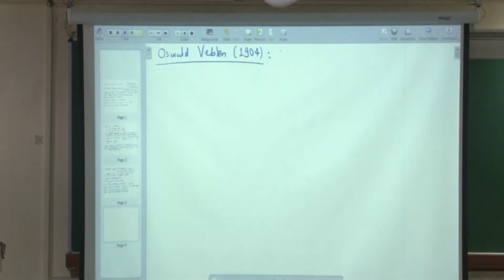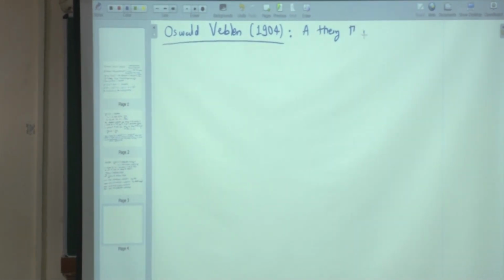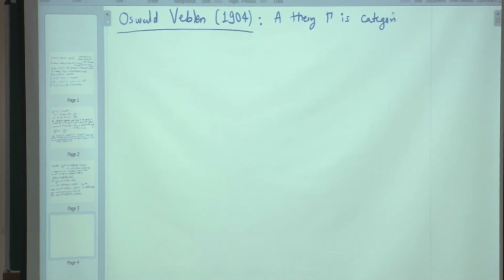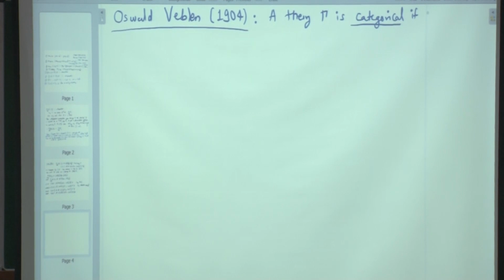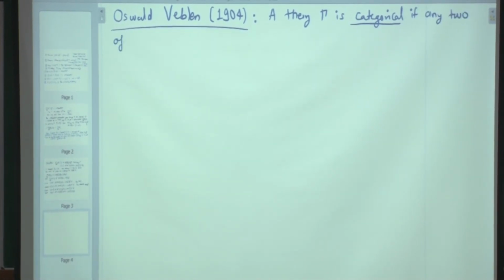So, he said a theory gamma is categorical if any two of its models are isomorphic.